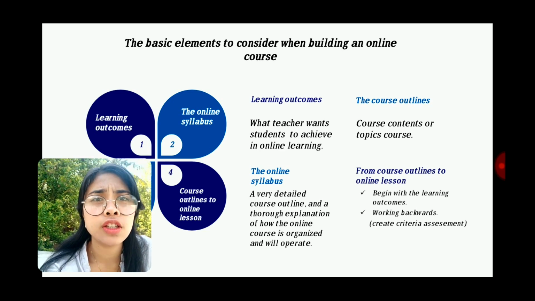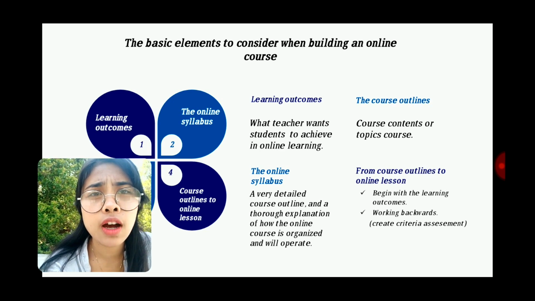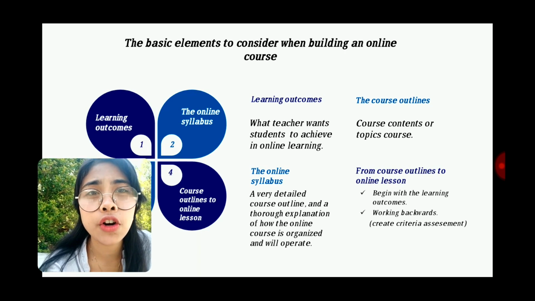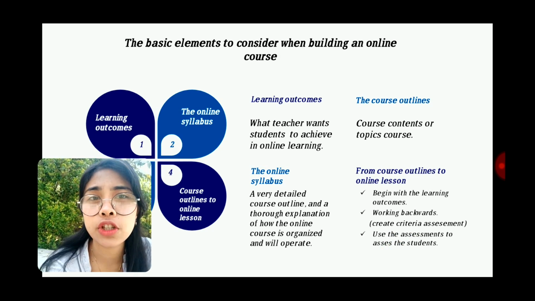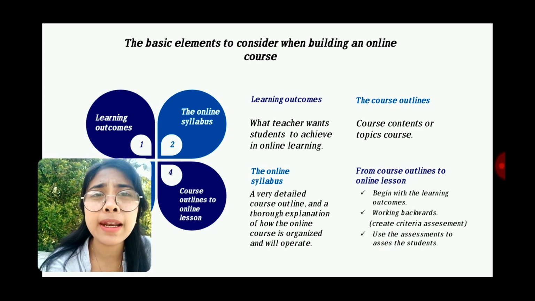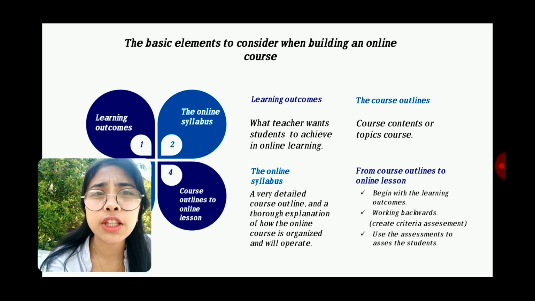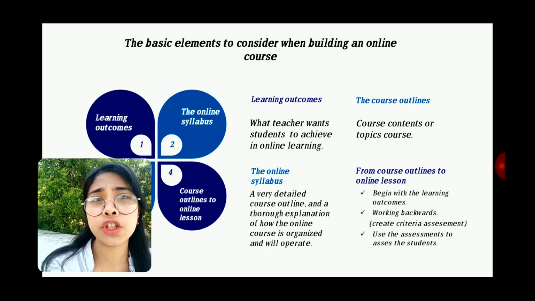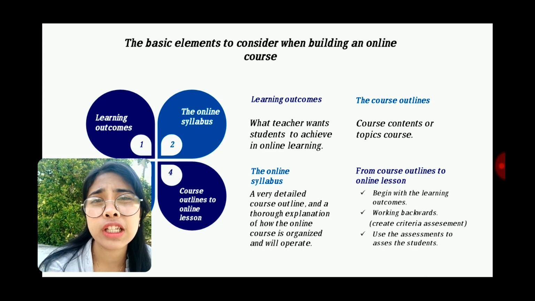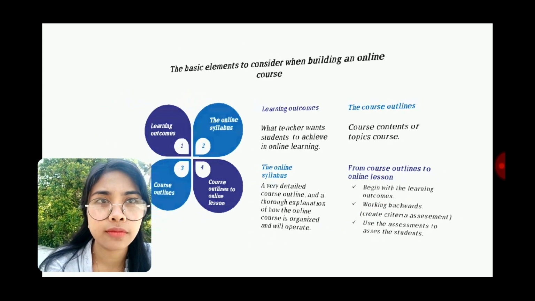In this case, the teacher should create the criteria of assessment, what is going to be assessed in the learning process. The last is to use assessment to assess the student. Implement assessment to assess the student's work, skill or knowledge in the online discussion or the online learning.